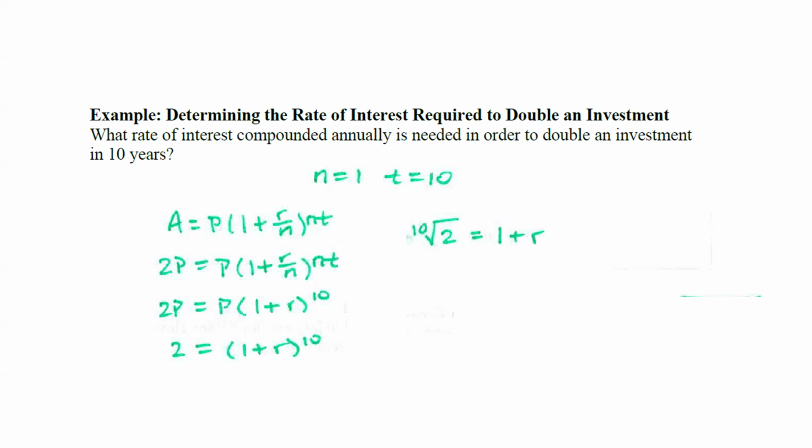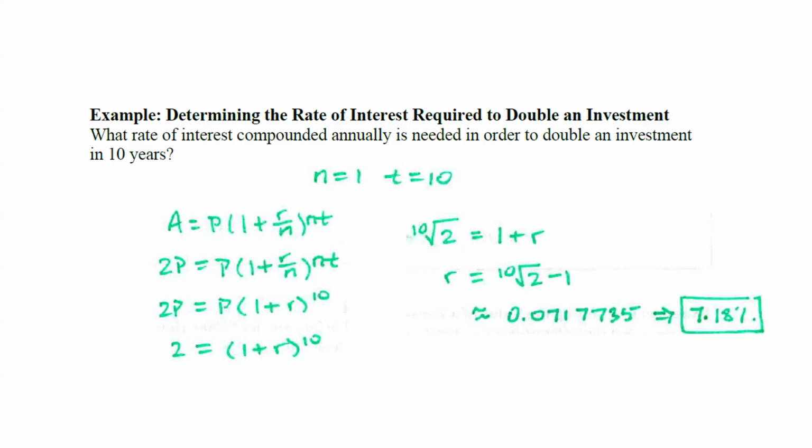Now we want to get r by itself because that's what we're trying to find: what rate of interest will allow us to have double our investment in 10 years if it's compounded annually? So we'll subtract 1 on both sides, and then enter the right side into our calculator to get a percentage of 7.18%. So the annual rate of interest needed to double the principal in 10 years is 7.18%.